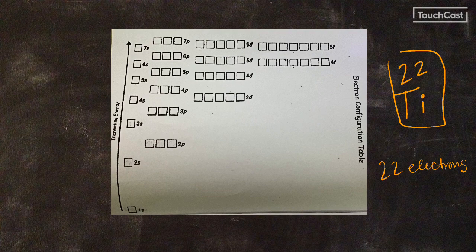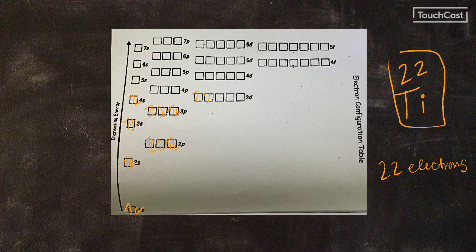So I start at the bottom and I work my way up. 1, 2, 3, 4, 5, 6, 7, remember 1 in each box before I can put 2, 8, 9, 10, 11, 12, 13, 14, 15, 16, 17, 18, 19, 20, 21, 22.